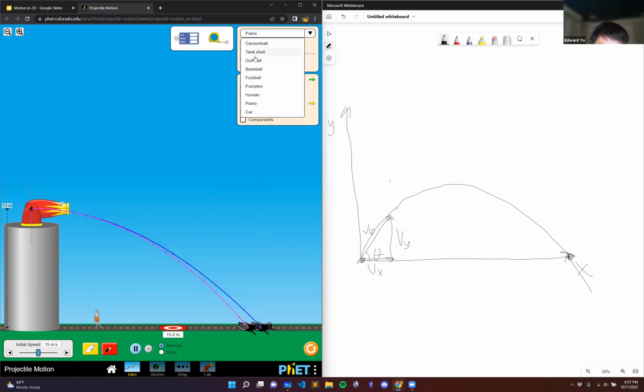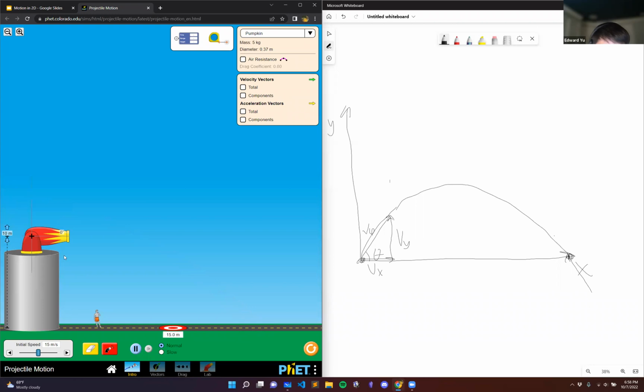And if you shoot a cannonball, or let's say a pumpkin again, then the pumpkin, if you look closely, doesn't go the same distance. So you're also able to show the components of the vectors.